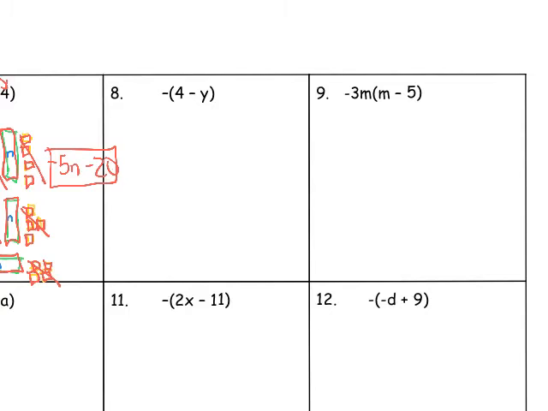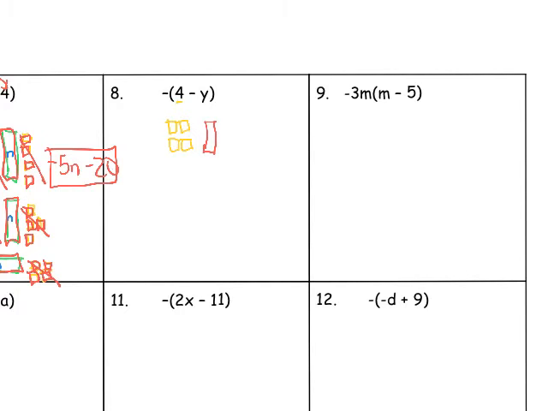All right, so I'm hoping that you at least tried one of them on your own. Here we have positive 4, and we have one negative variable tile. Okay, and we only have this one time. You can see it just says negative out front.